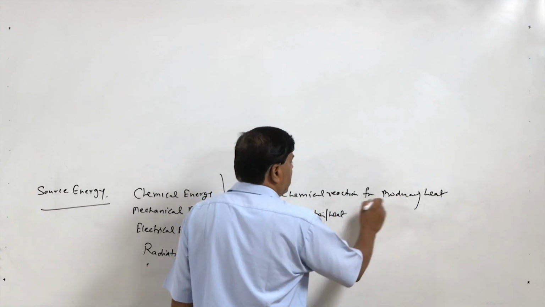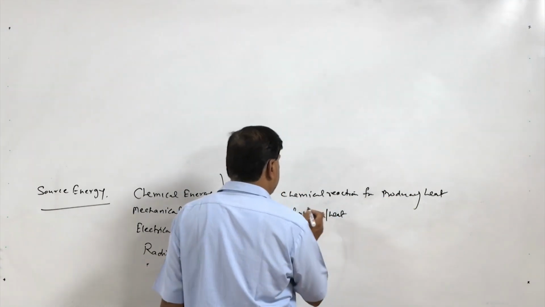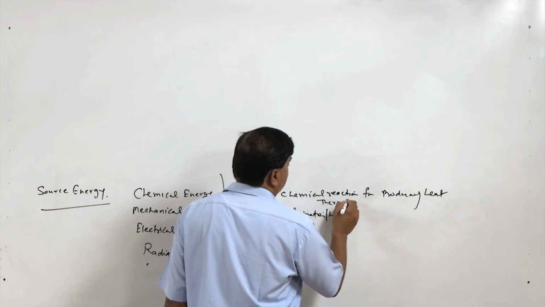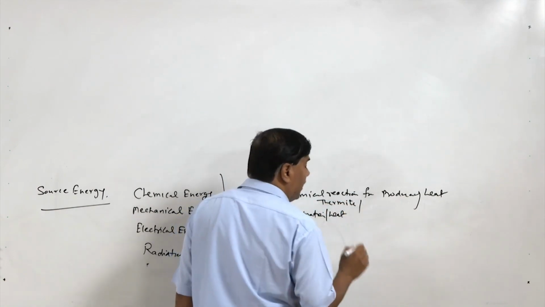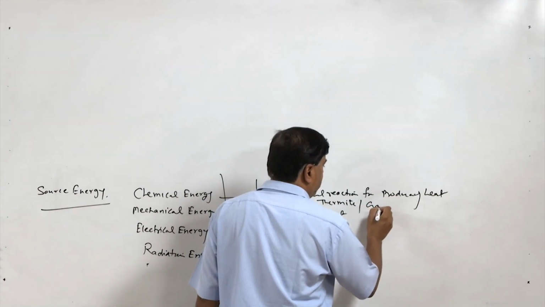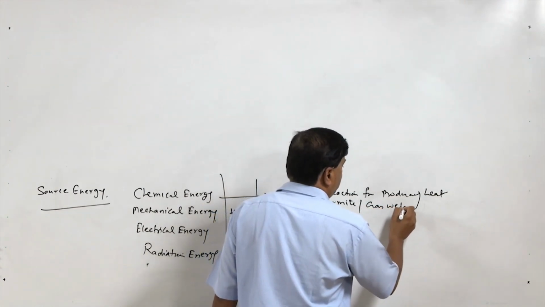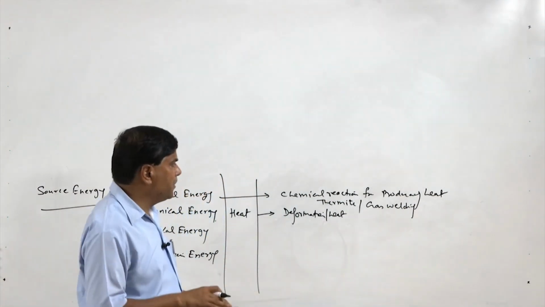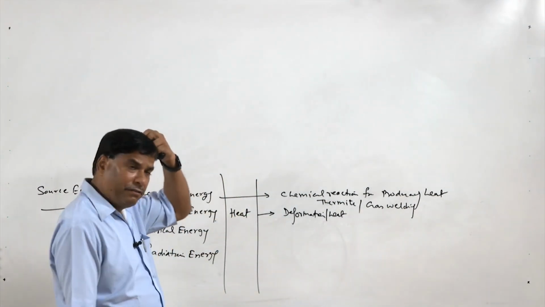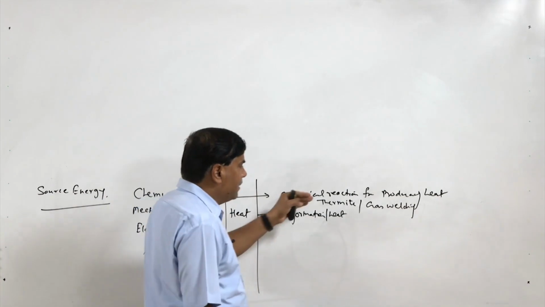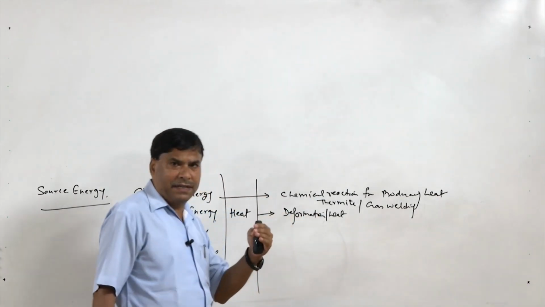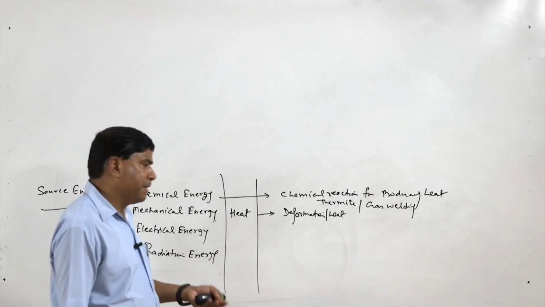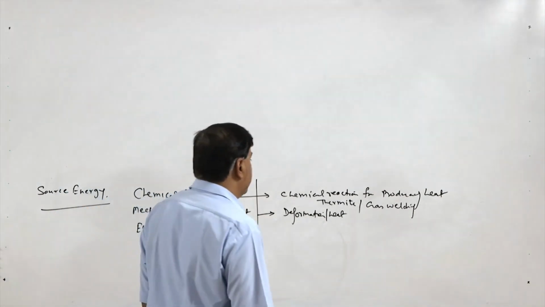This chemical reaction approach for producing the heat is used in processes like thermite welding and gas welding, where the chemical reactions between the fuel gas and the oxygen are used for producing the heat, so that melting of the faying surfaces can be achieved, and thermite welding, where the metal oxides are interacted with certain metals so that chemical reactions take place for producing the heat.